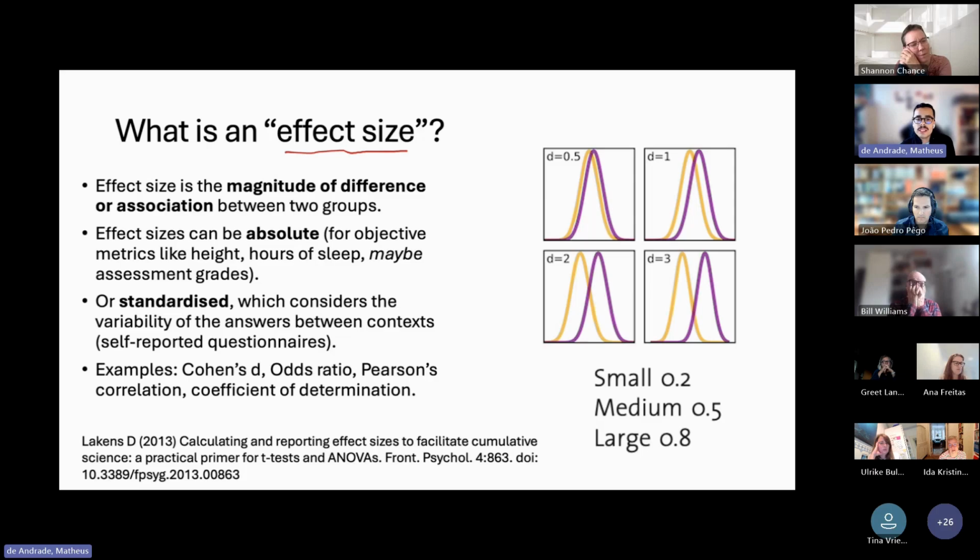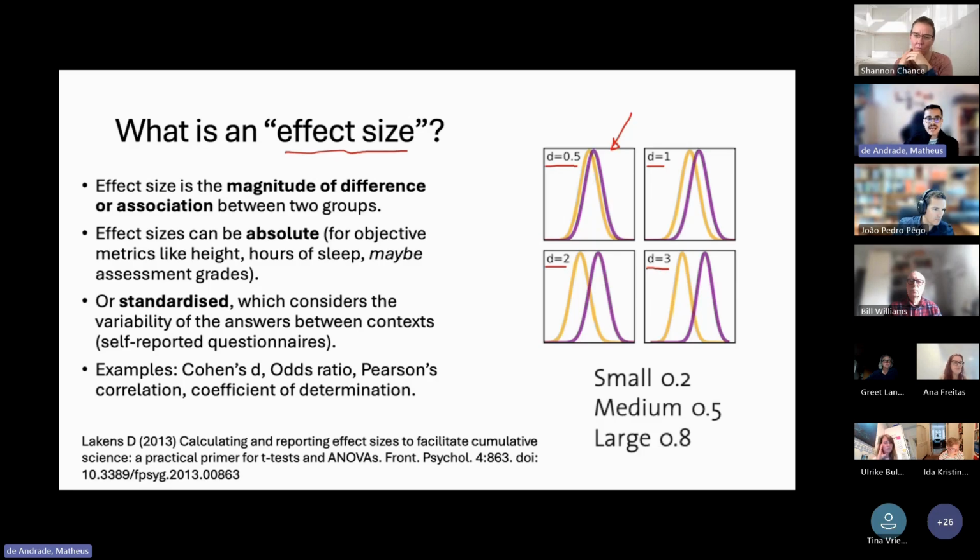For example, here in the picture, you see a yellow curve and a purple curve. When I have an effect size D of 0.5, they're somehow different. When D is 1, they're more different. When D is 2, they're even more different. And when D is 3, they're even more different.